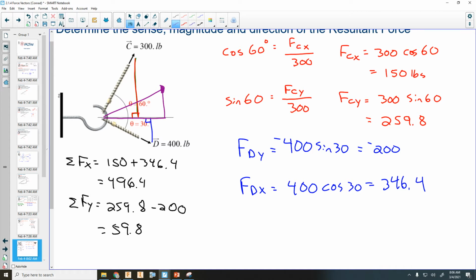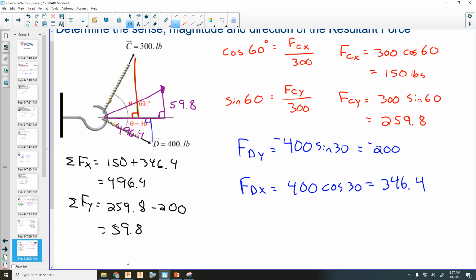So now we have a right triangle there, where those sides are 59.8. Oh, I labeled that side wrong, didn't I? Those sides are 496.4 and 59.8.